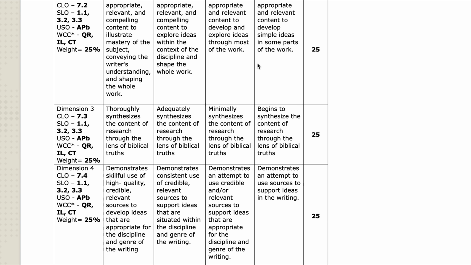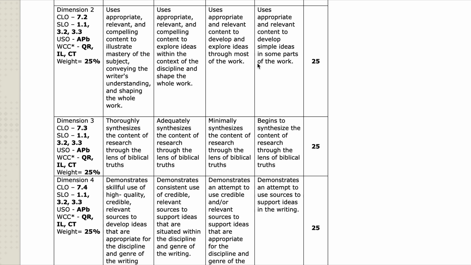We want to be able to use appropriate, relevant, and compelling content. What does that mean? If you are solving something by graphing, you are going to need to include an image of a graph. So we want what you include in there to be relevant, and we want it to be compelling in the sense that I don't want to see a slide that's so cluttered with things that you can't read what's there. So we want to make sure the slides have all the relevant information, but if you're doing slides or a video, you want to make sure you've broken things up.